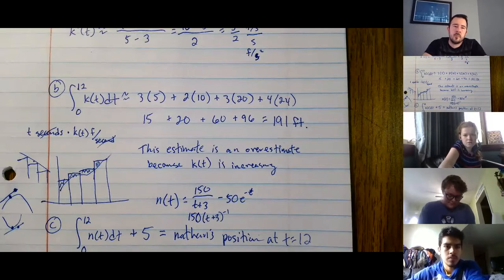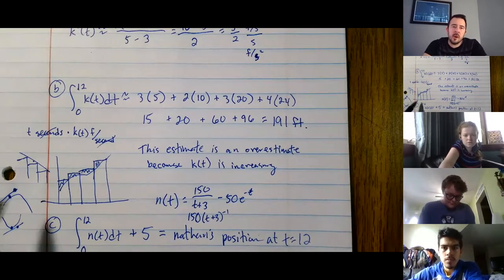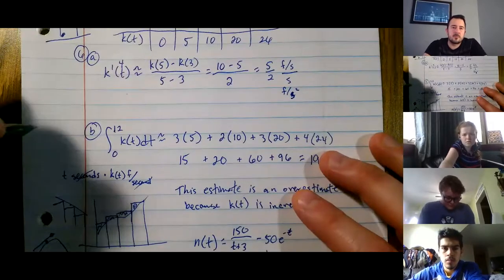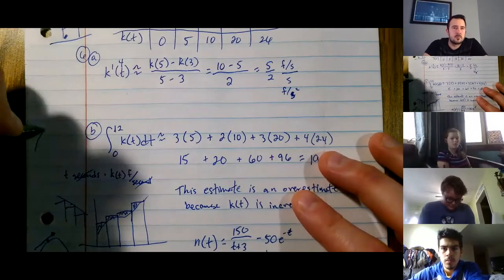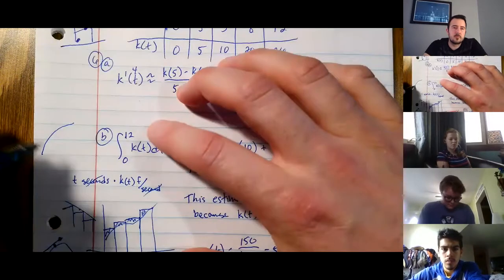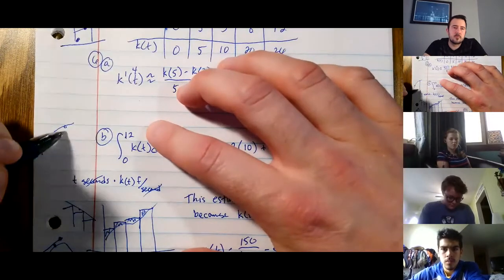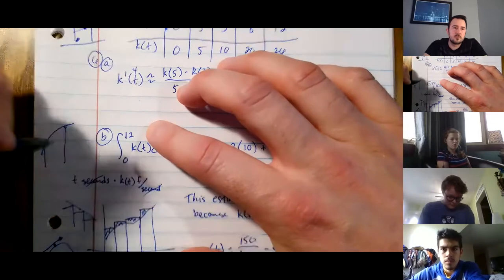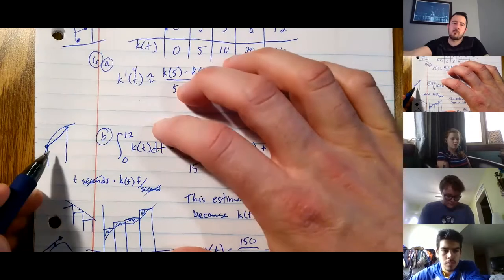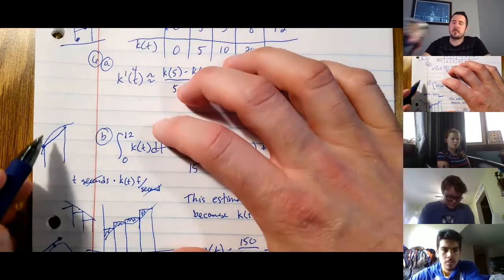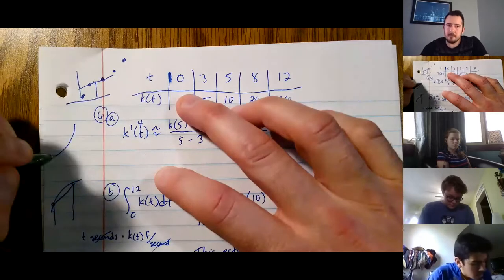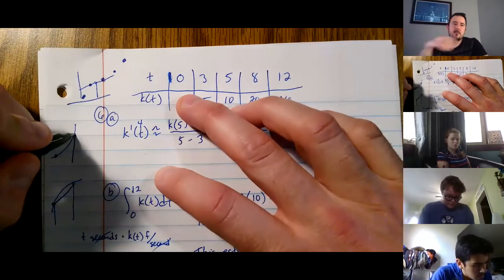Okay. Now we also have a question like the Riemann sum one here, but let's say you have an increasing and concave down curve, and you used a trapezoid to estimate. A trapezoid would be an underestimate because this curve is concave down. But had this curve been concave up, a trapezoid would have actually been an overestimate.